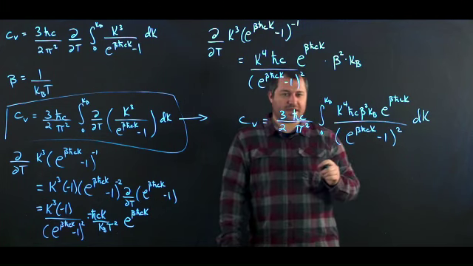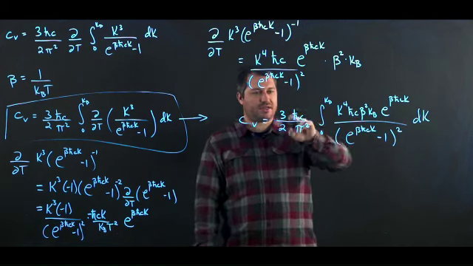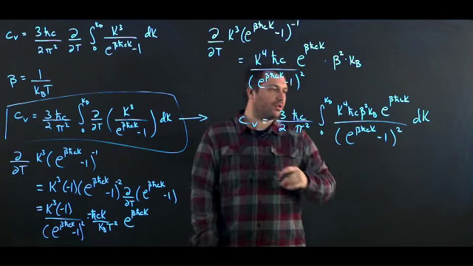And we can try to simplify this up again. So I've got an h bar here, c, an h bar here, c, kb. I can pull a lot of this over as well.